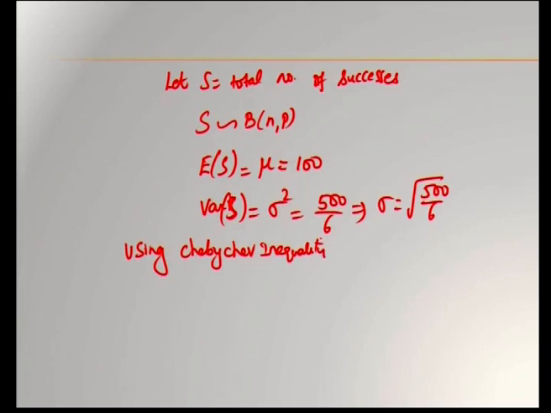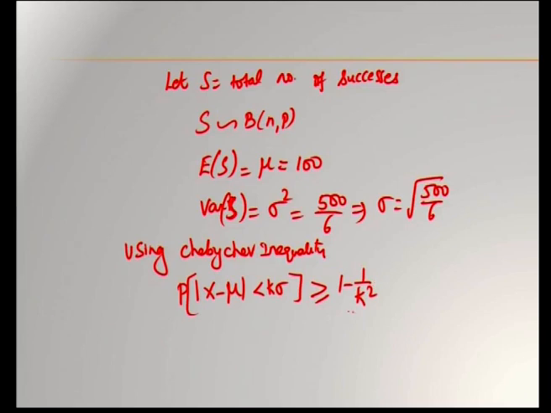Lower bound means we have to use the second format of Chebyshev inequality. The second format says P of modulus of X minus mu is less than k sigma is greater than or equal to 1 minus 1 by k square. If you write it the other way, it is 1 minus 1 by k square is less than or equal to the probability.